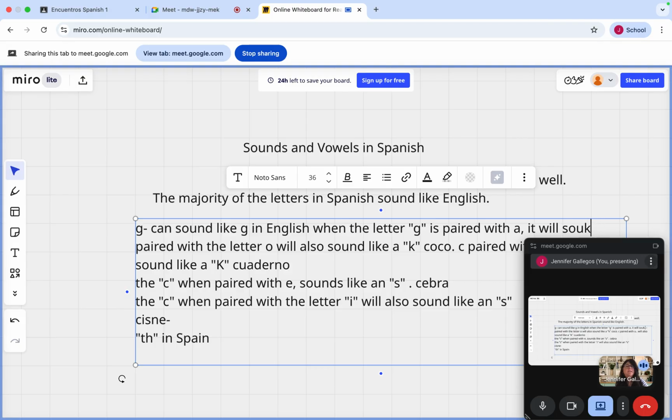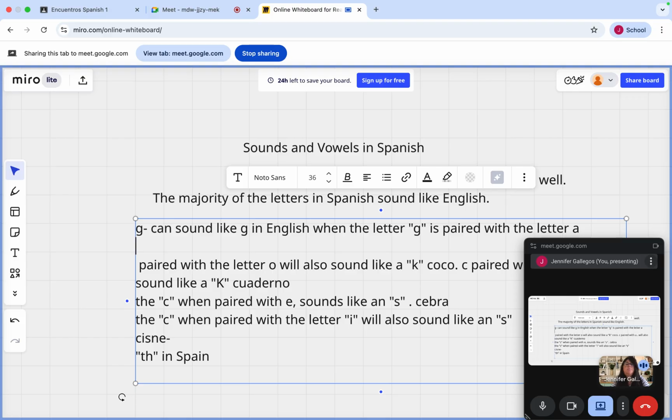So let's see what that sounds like. So the letter G when it is paired with the letter A. Okay? So let's see an example. Ganso will be ganso, okay?